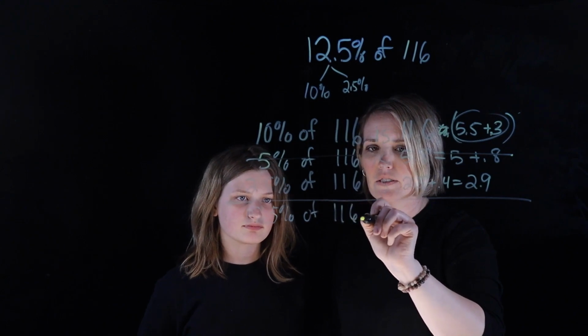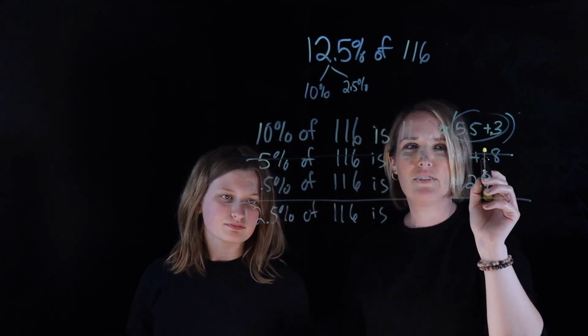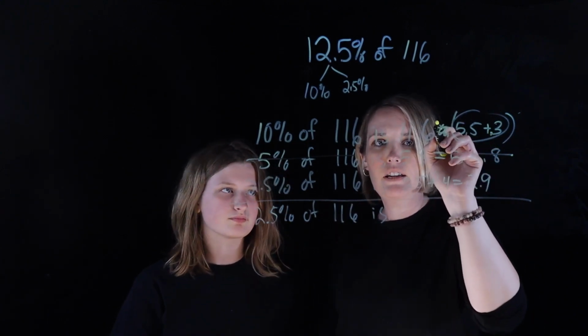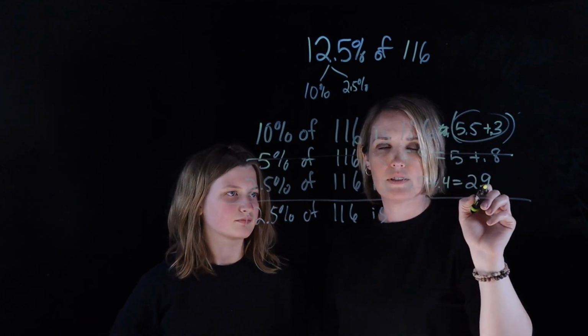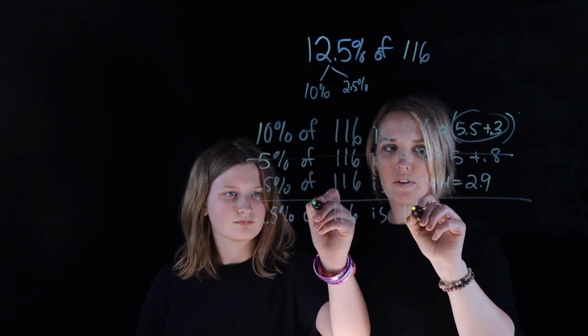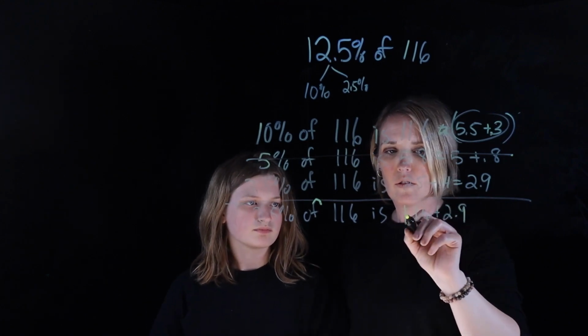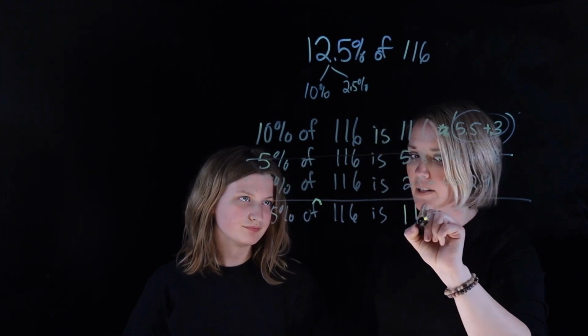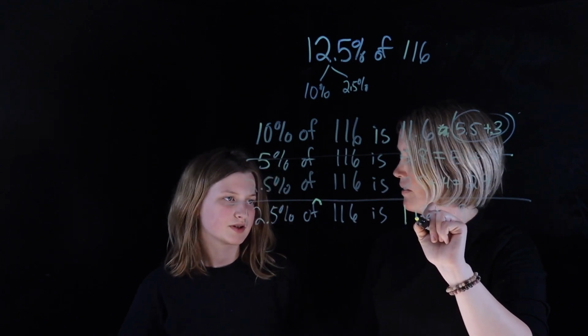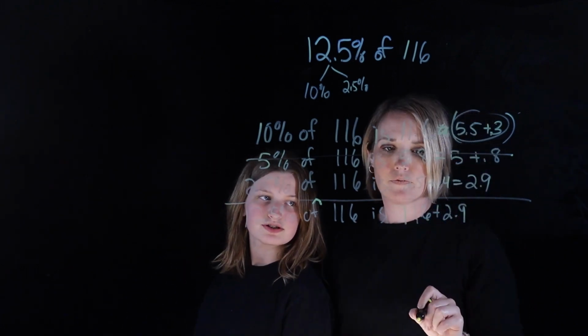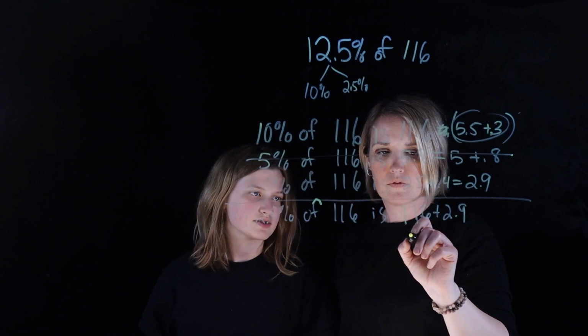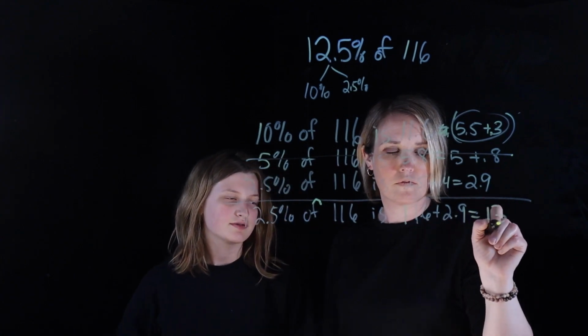Of 116 is, now we have to add 11.6 plus 2.9. What's $11.60 plus $2.90? Well, 11 plus 2 is 13, and 6 plus 9 is 15.